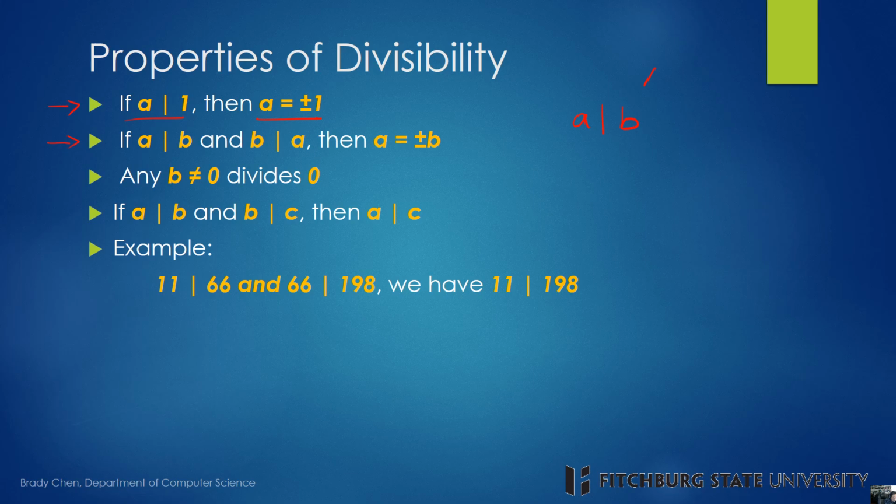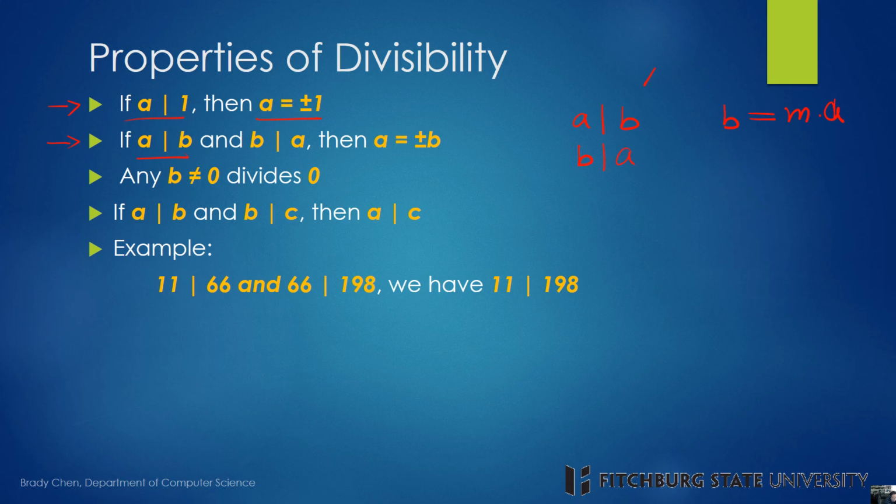That means I can write B as the multiplication of a number M times A, right? If you forgot that, check the previous slides. So that's the definition for A divides B. Now, what does it mean that B divides A?